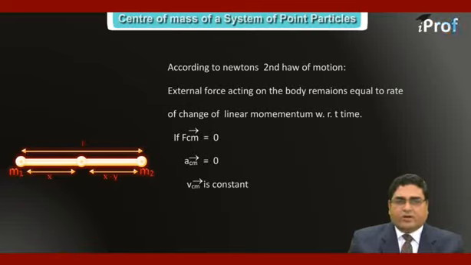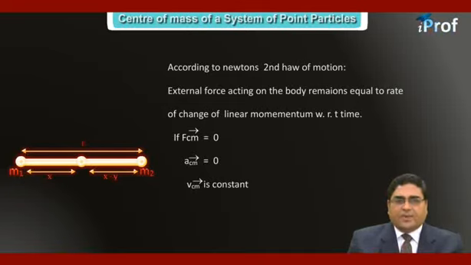When the velocity of the center of mass is constant, then the system, that is the center of mass, will remain in translatory equilibrium.